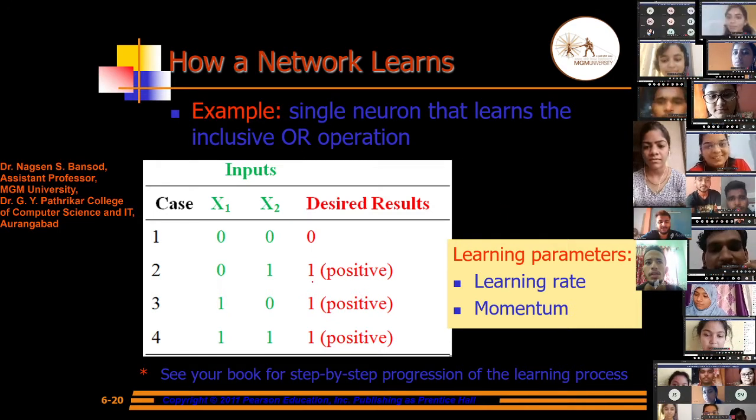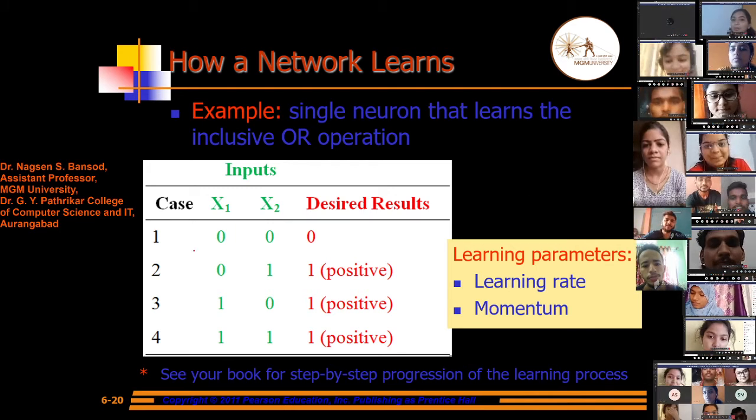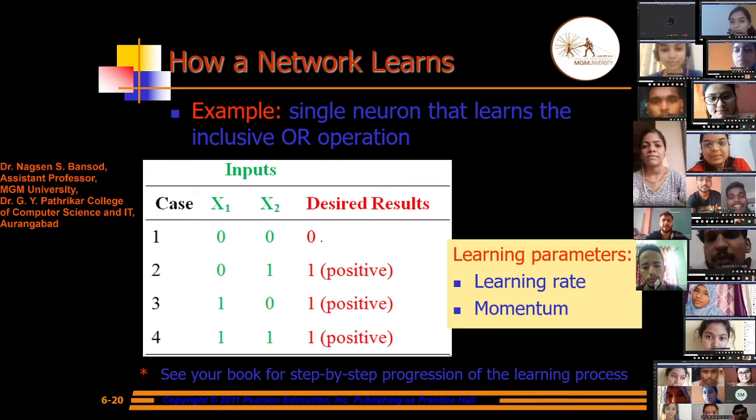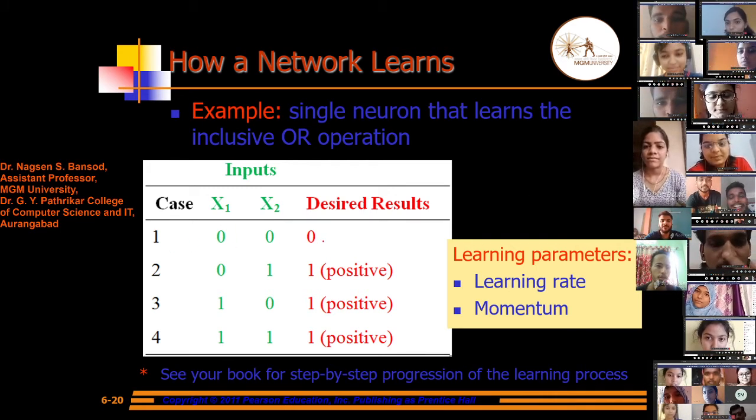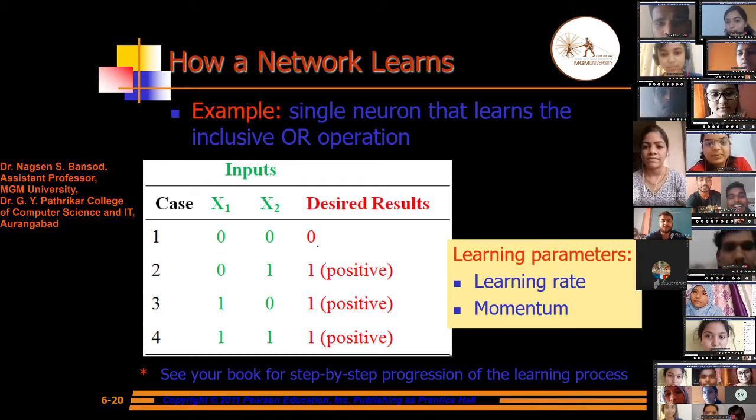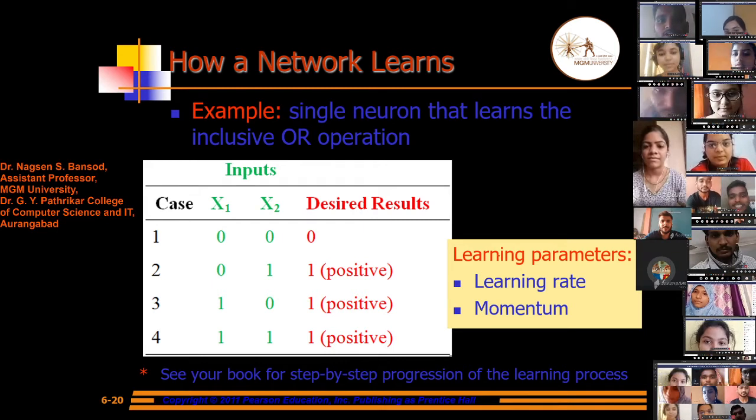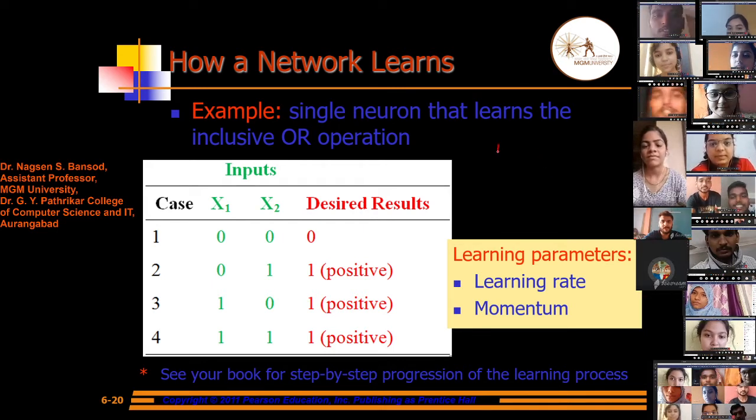In the OR operation, we know that when both of the inputs are 0, the output is 0, otherwise all are positive.